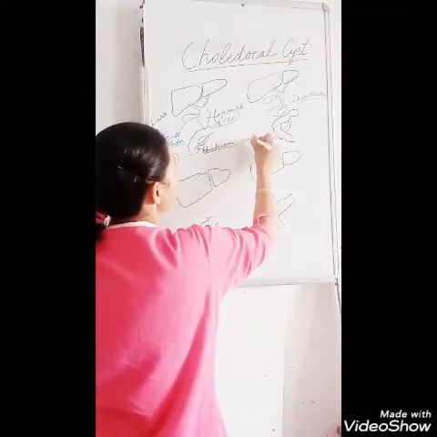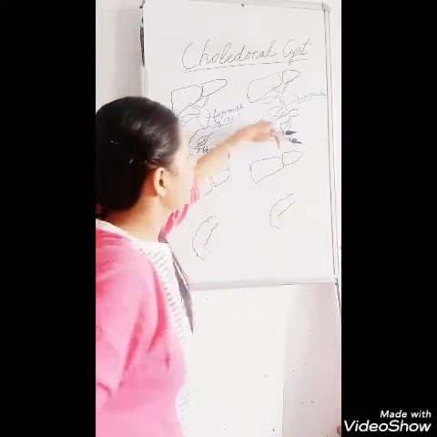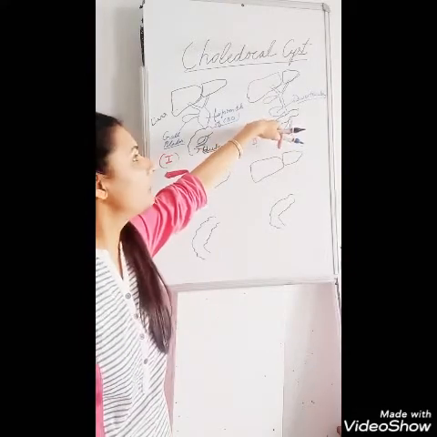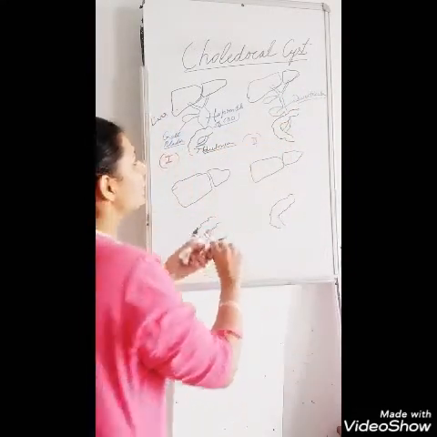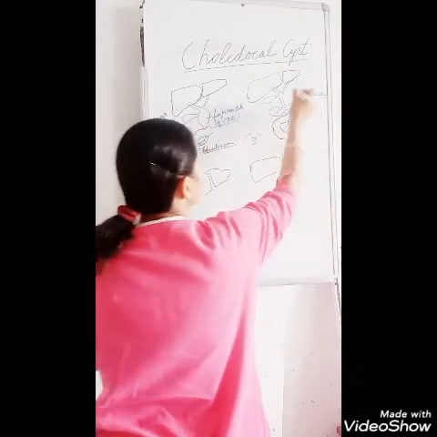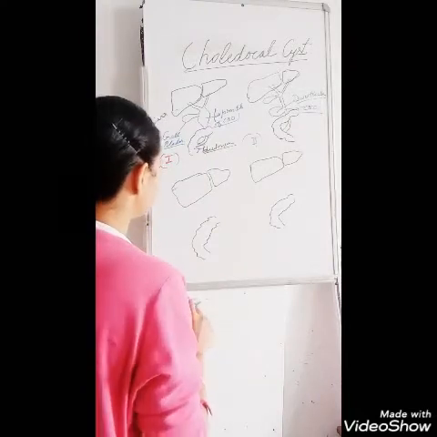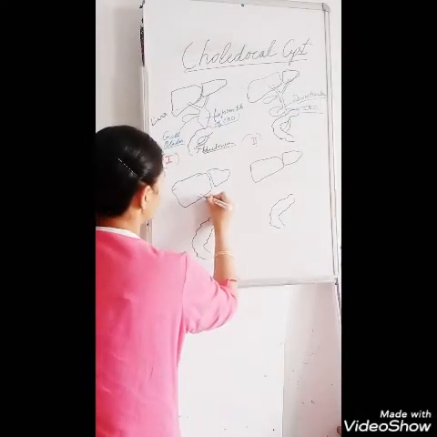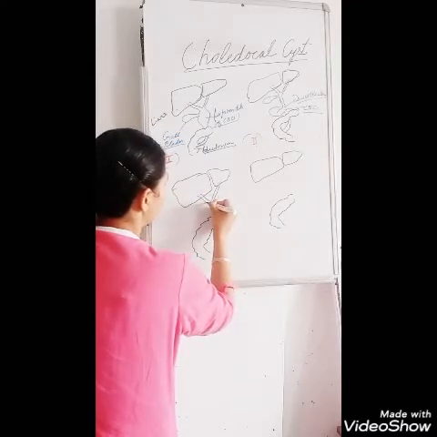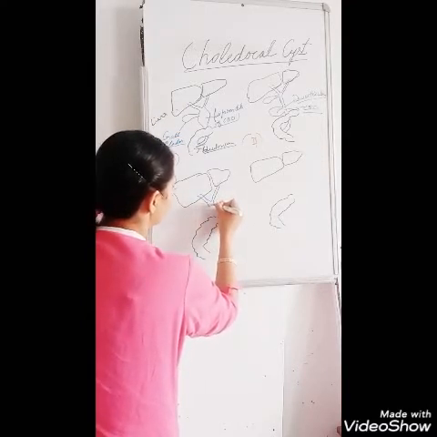In the second classification, there will be formation of a diverticulum beneath the gallbladder. See, this is the common bile duct and here the diverticulum is formed. In the third, this is the intra and extrahepatic hepatic ducts.